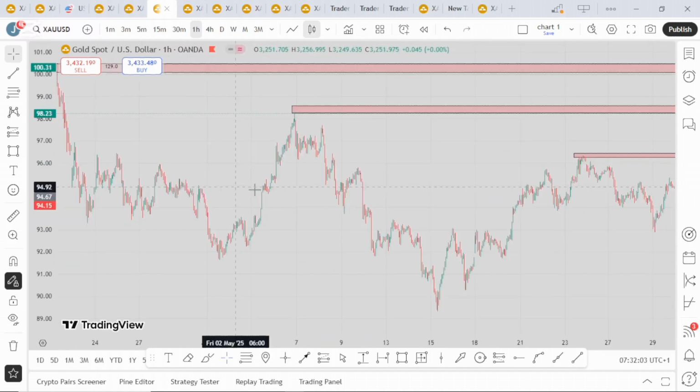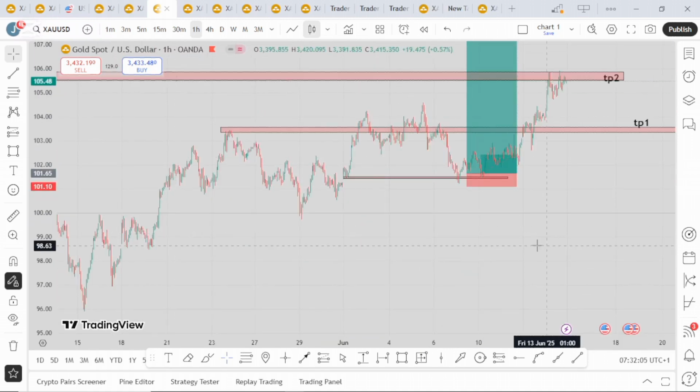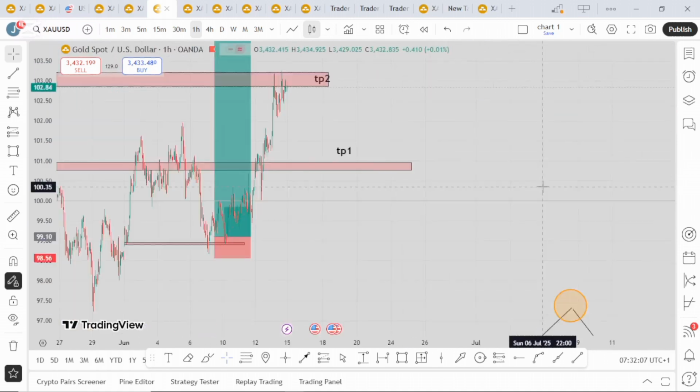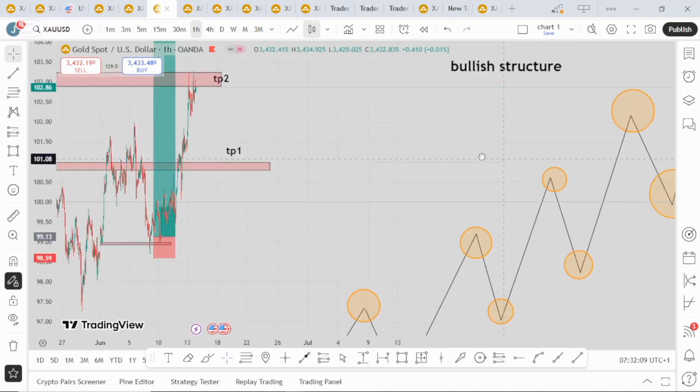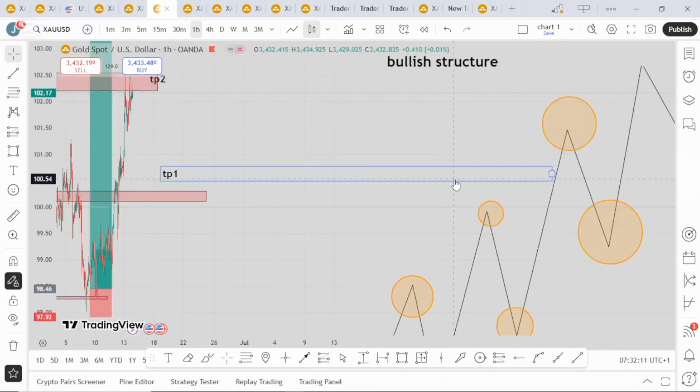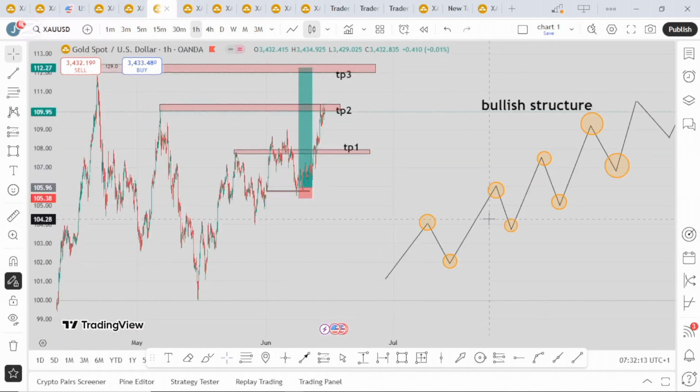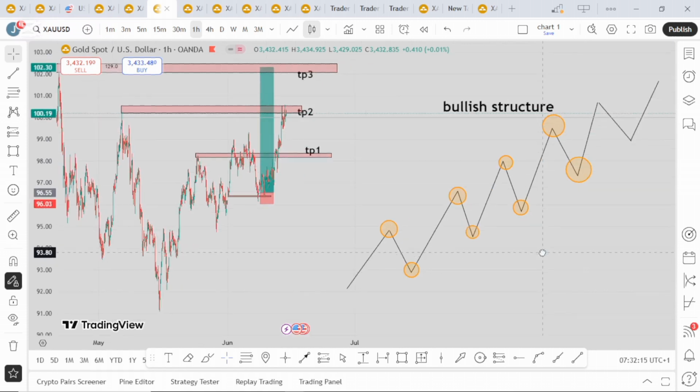So now I'm going to show you what a break of structure is. That is the next thing I'm going to show you. I'm still going to use this chart so that you follow on time. Now you see, when price is making higher high, higher low, higher high, once price breaks this previous high, it means this is a break of structure.